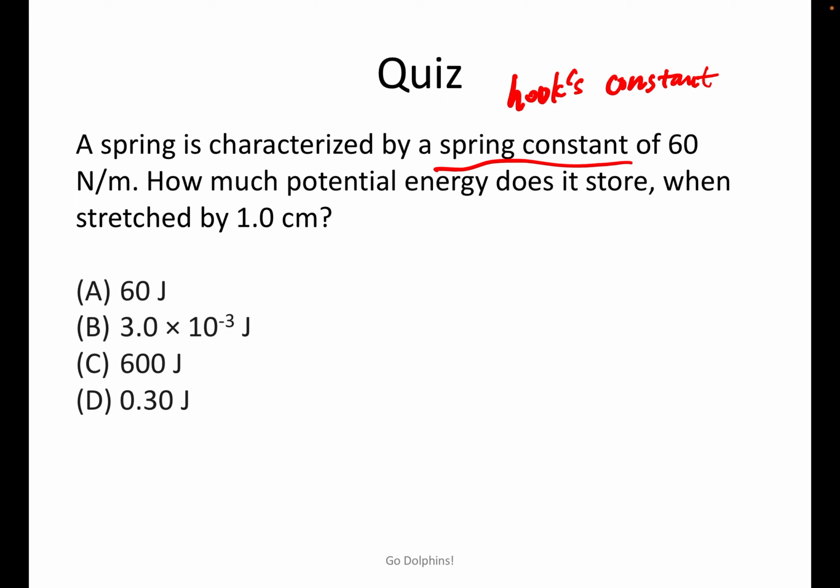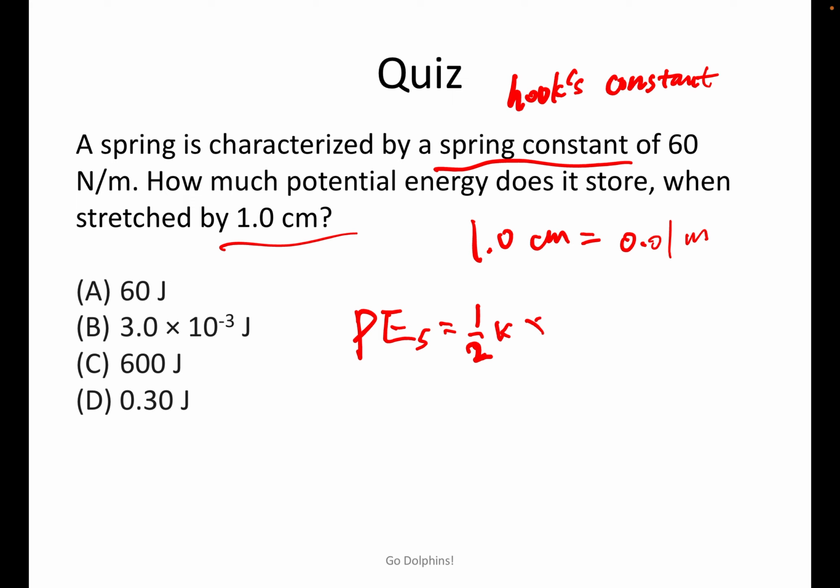So we need to convert 1 centimeter to meter, and calculate the spring potential energy, 1/2 kx squared. We should have 3 times 10 to the negative 3 joules. So the answer is B.